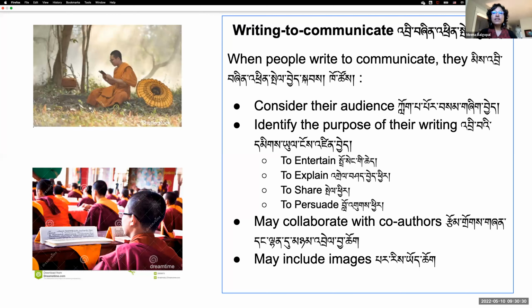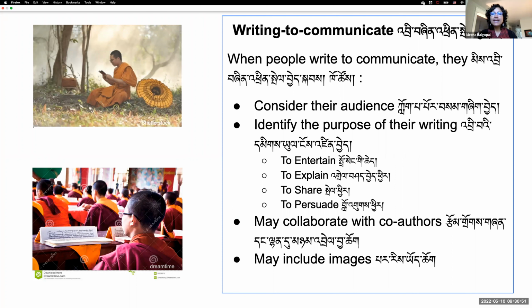So when you are writing to communicate, the most important thing to think about is your audience. So you're writing for someone else. You're writing with a purpose. Some examples of your purpose of writing may be to entertain, like a creative story.